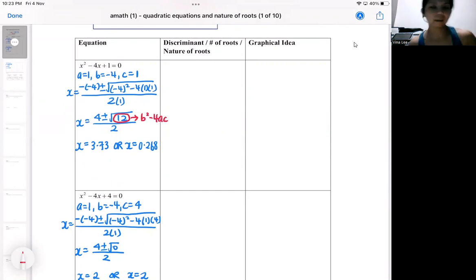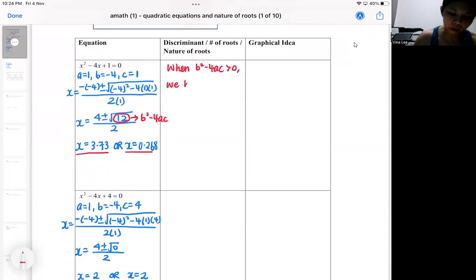Do you realize in this situation, we actually got two values of answers. So we got two values of x. These two values of x correspond to a positive discriminant. So in a way, our understanding will be when the discriminant is positive, we have two solutions for x.